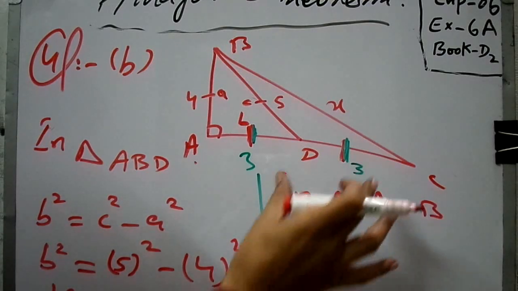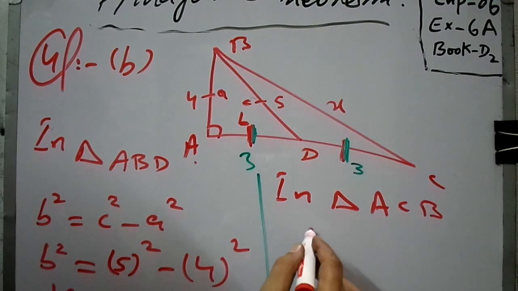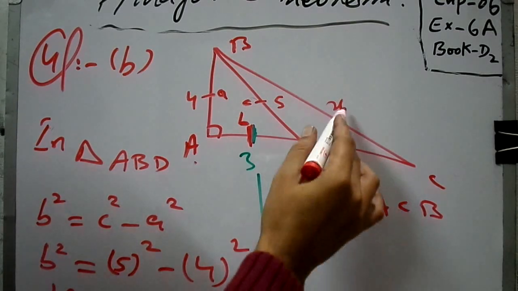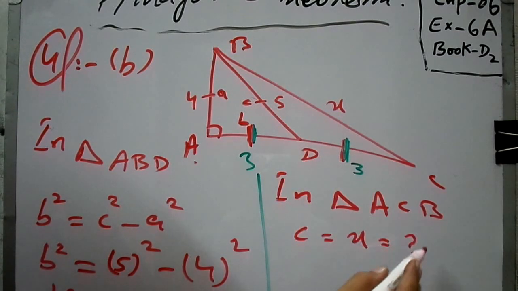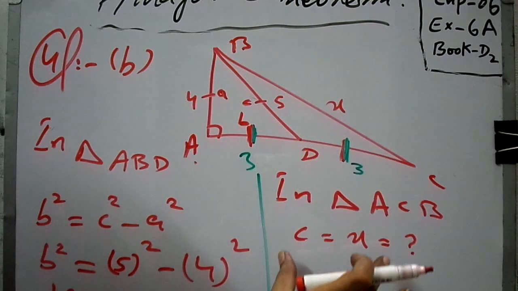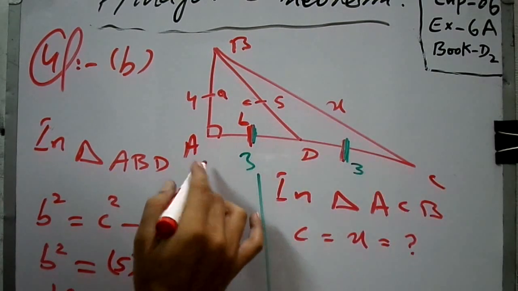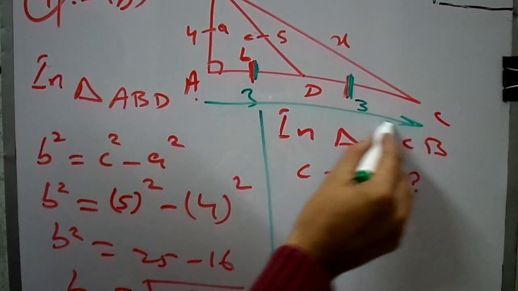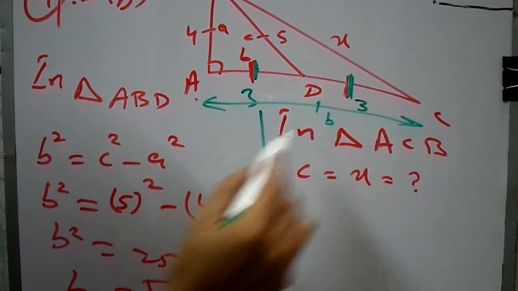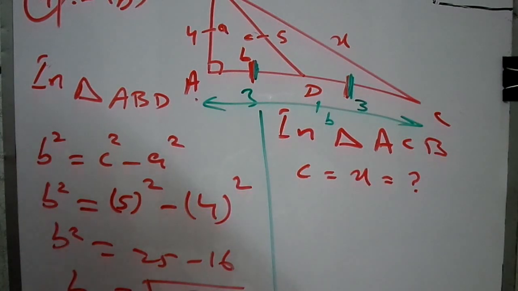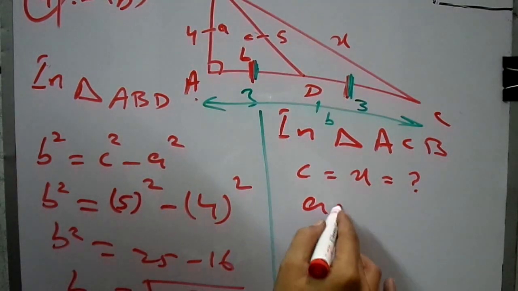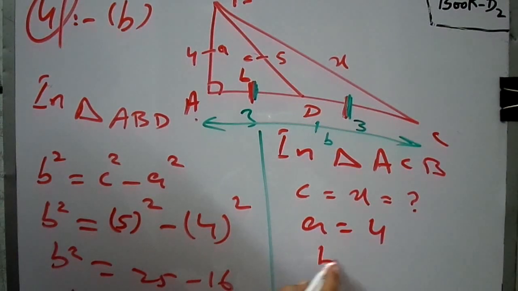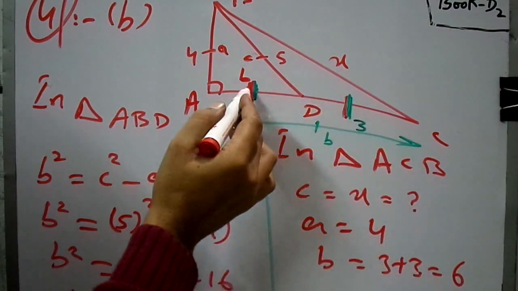what should you do? You have to find the value of x. In this triangle the whole term is your base, up to this, the base B, and that is your A. So the value of A is 4, but the base is 3 plus 3, which gives you 6, because this portion will be added with this.